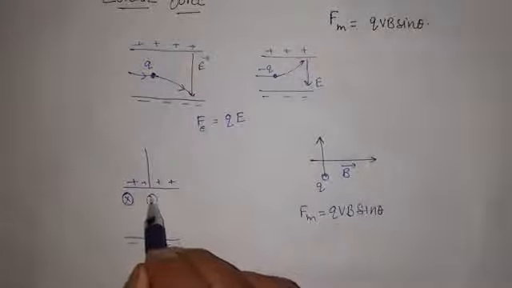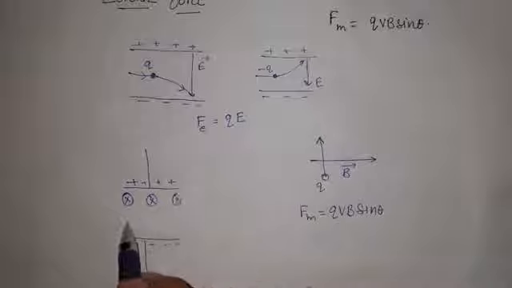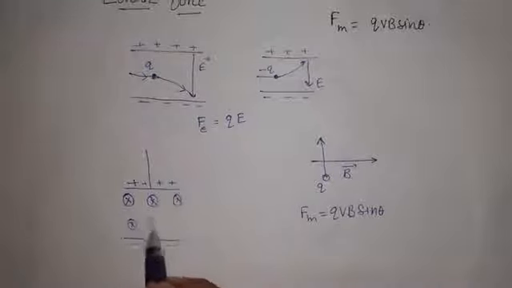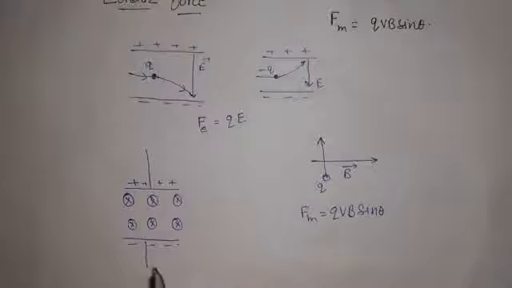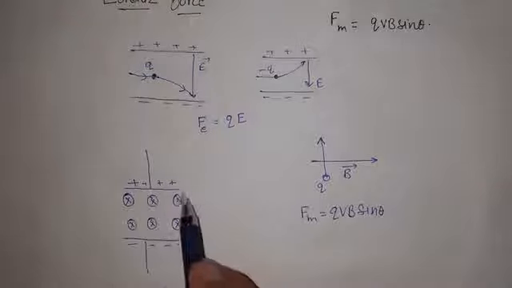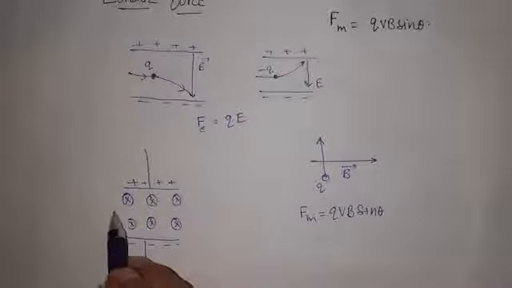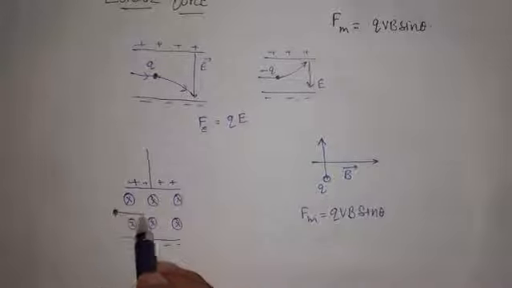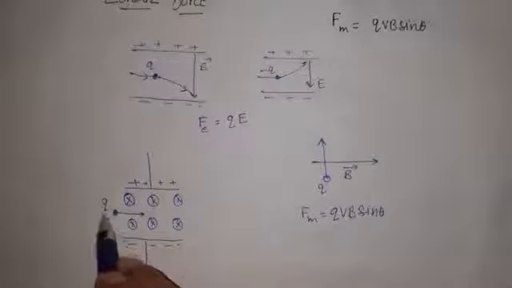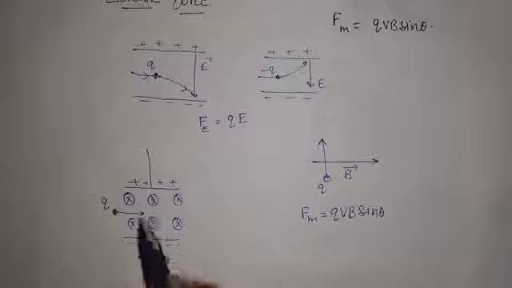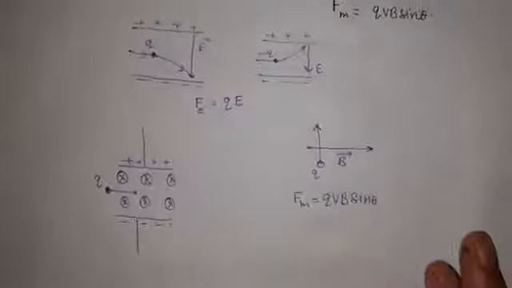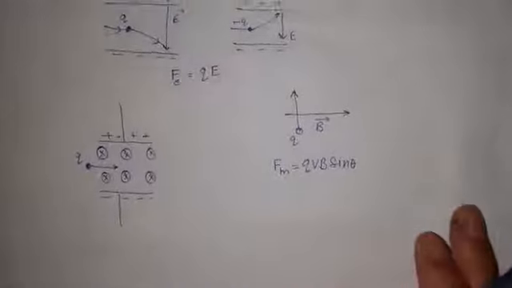I already told you that if the magnetic field is into the plane of the paper, we show it with a cross. In this region there is an electric field as well as a magnetic field, and if a charge enters this region where both coexist, what will be the net force on that charge?